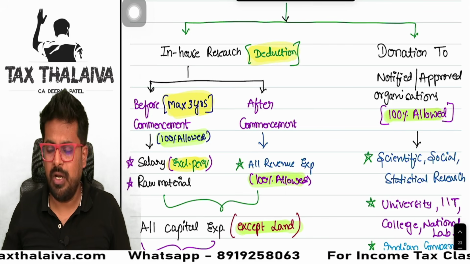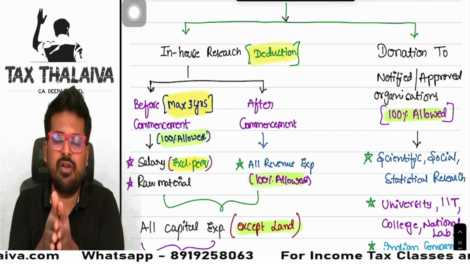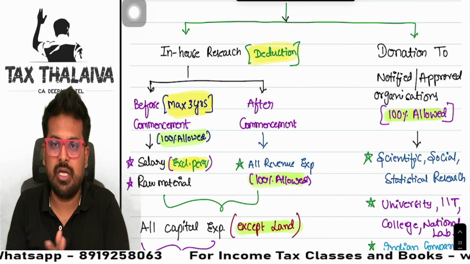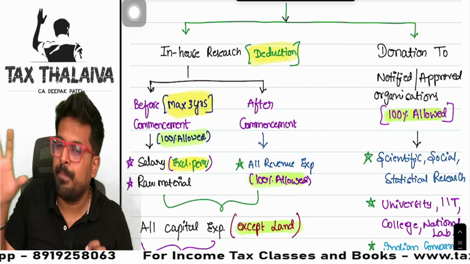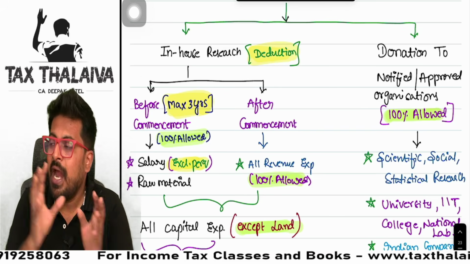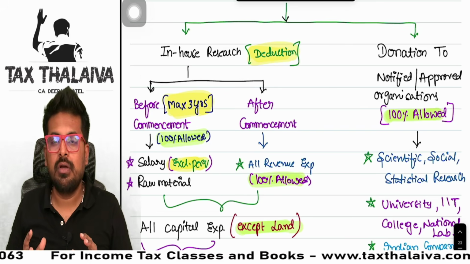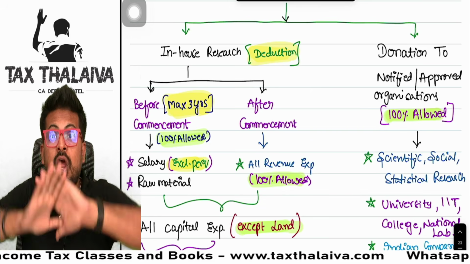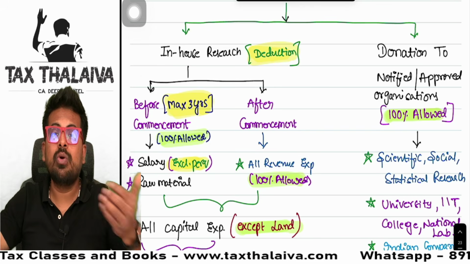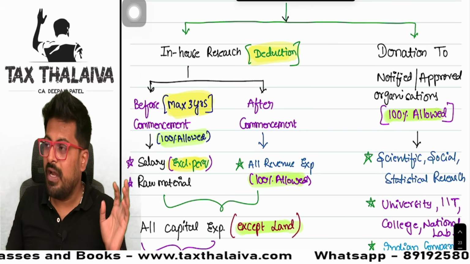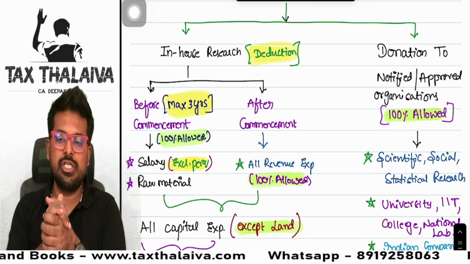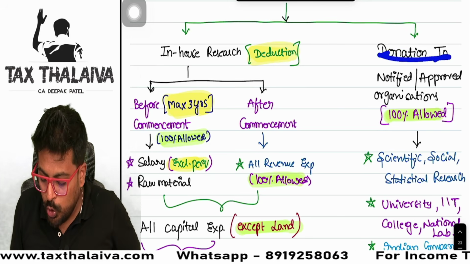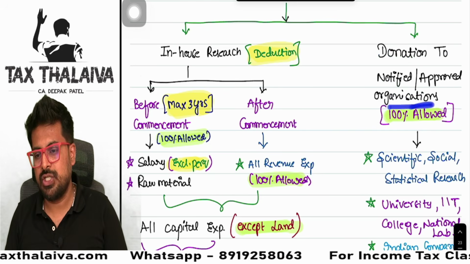But let's say, for example, you are not having any research kind of business, but you want to help someone who is doing research in the country. You want to donate some money to these kinds of organizations, and whatever donation you make to these research institutes, you can claim 100% of the amount as expenditure. Donation or contribution to notified or approved organizations.